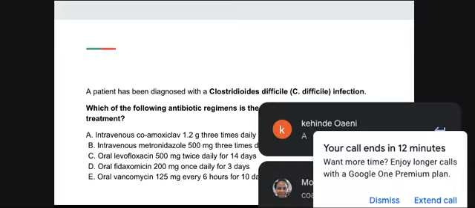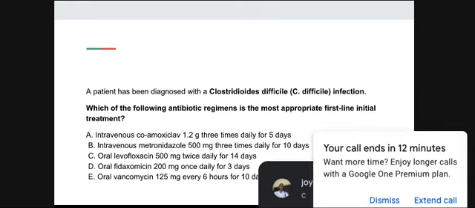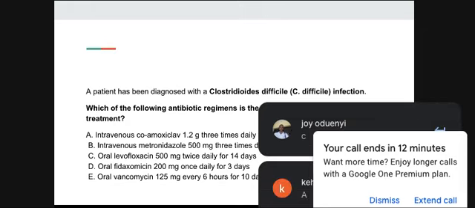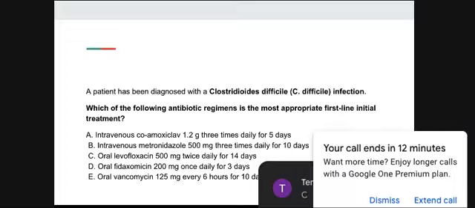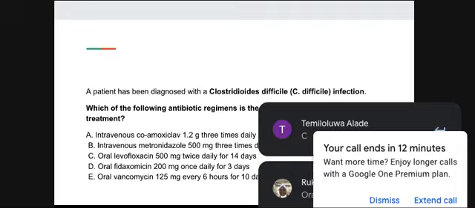So I've got some people who said A, some people said C. Okay, let's quickly recap. For community acquired pneumonia, if it's really severe, then we can give coamoxiclav. But is it going to be coamoxiclav alone?